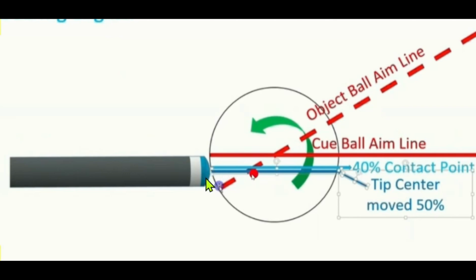Because of the arc of the cue tip and the arc of the cue ball, effectively, if you aim exactly at the center of these two, your cue tip will be contacting at 40%, and that will be gearing English. Basically, if you take the difference of these two and your cue tip in your mind centers exactly over the half of that distance, that will create gearing English.